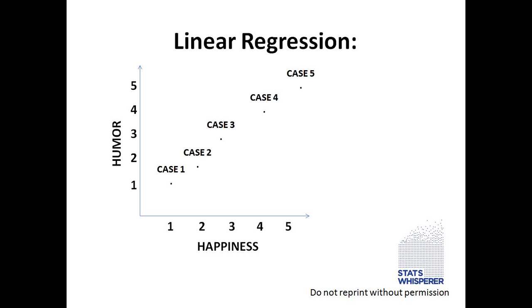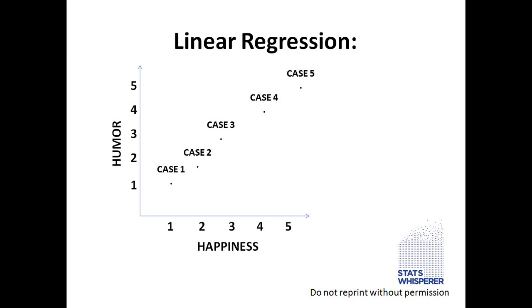For example, we see here case 1. That little dot there, that's a person. What did they score for happiness? They scored a 1. And what did that person score for humor?